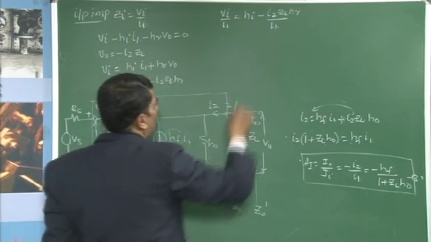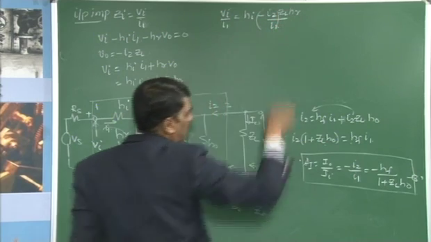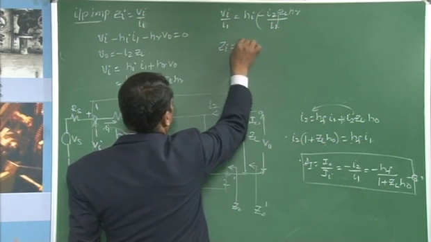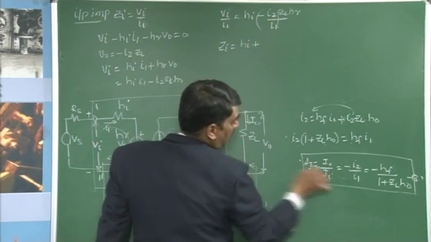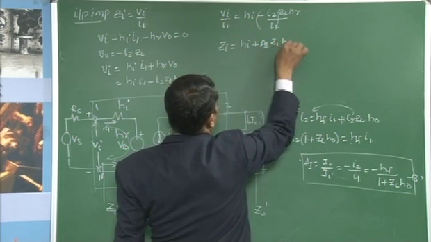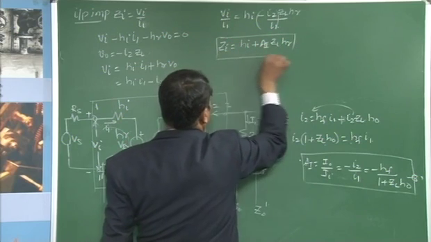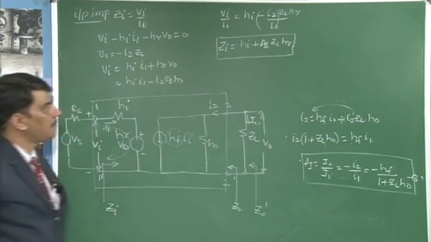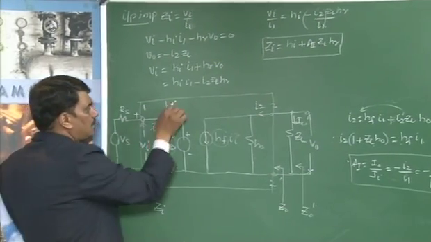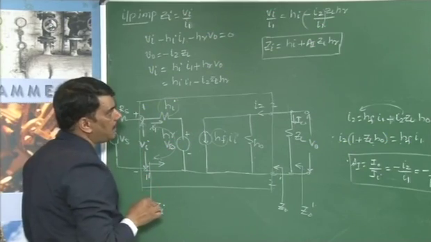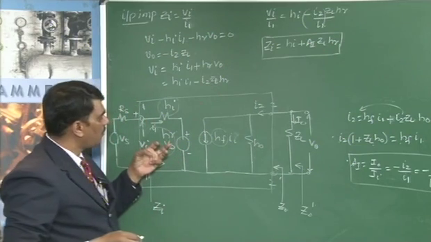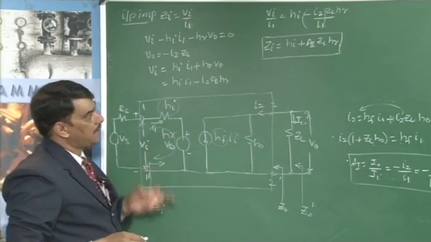We know that minus I2 by I1 is nothing but the current gain Ai, hence Zi is equal to hi plus Ai ZL hr. This means the input impedance of a transistor amplifier depends on the hybrid short circuited input impedance, the load impedance ZL, and the open circuit reverse voltage gain hr.